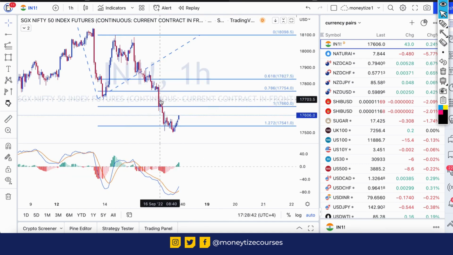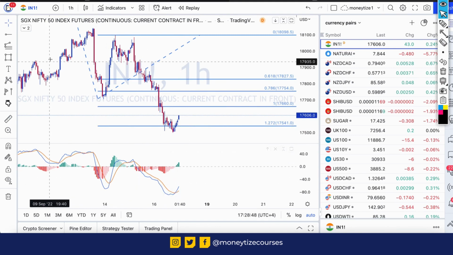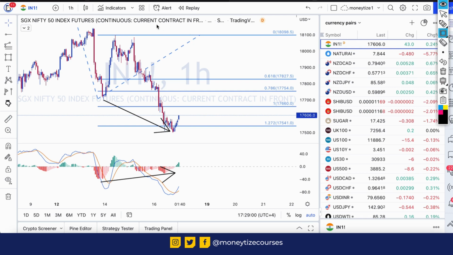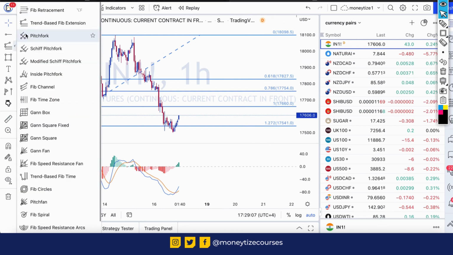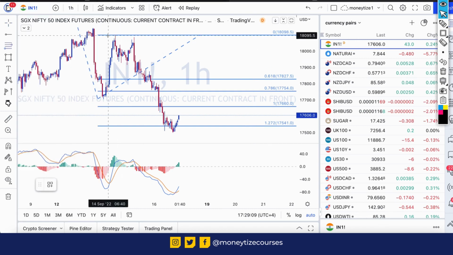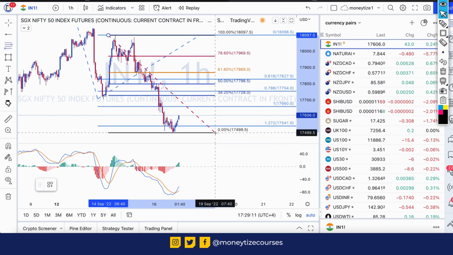Quickly moving to 1-hourly. On the 1-hourly, okay, we have a bullish divergence as per the 1-hourly chart. Bullish divergence, we have a double top kind of pattern here. So let's do the Fib retracement from this high to the recent one.